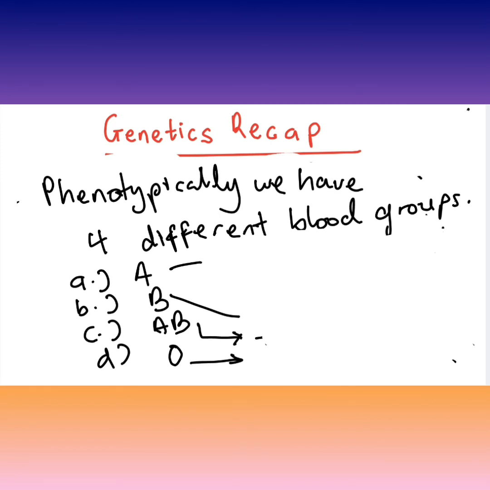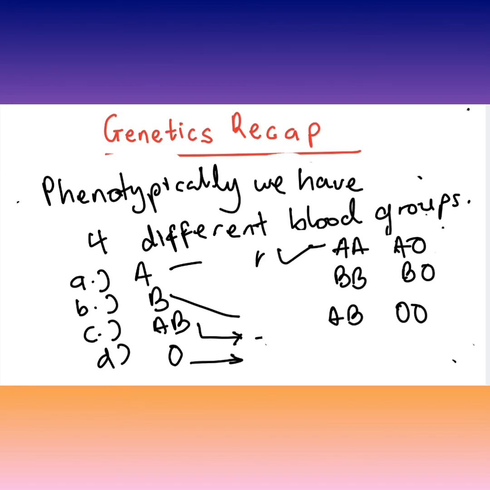Now, going back to our genotypes, I'm going to write them again. We can't escape them. We have AA, AO, BB, BO, AB, and OO. But we only have 4 different possible blood groups. Now, if you guessed AA, an individual with AA belongs to blood group A, I mentioned that previously, you are absolutely correct.